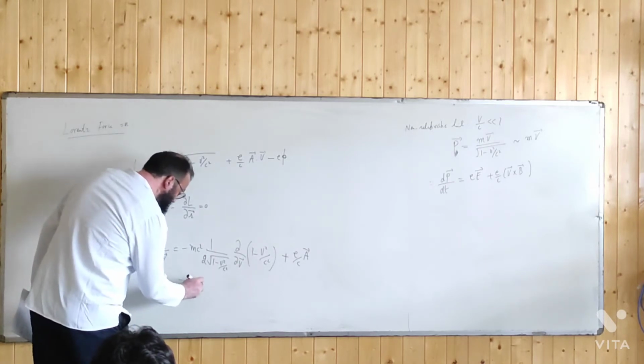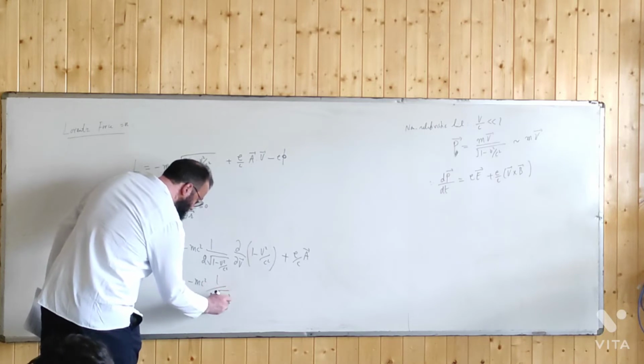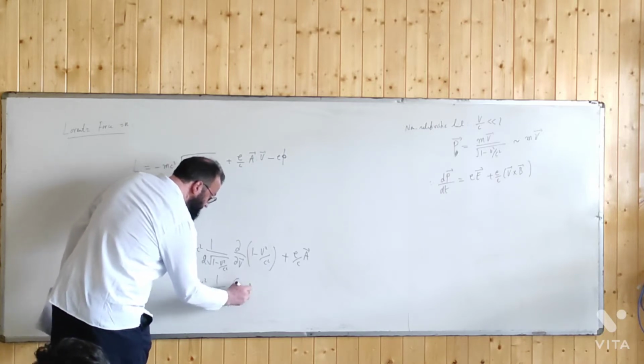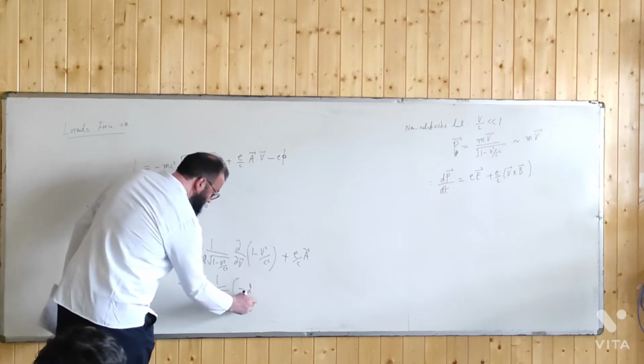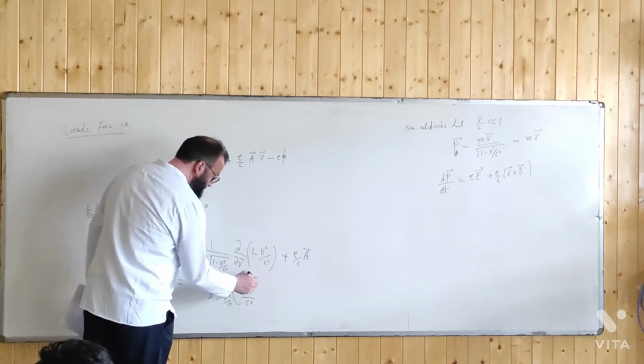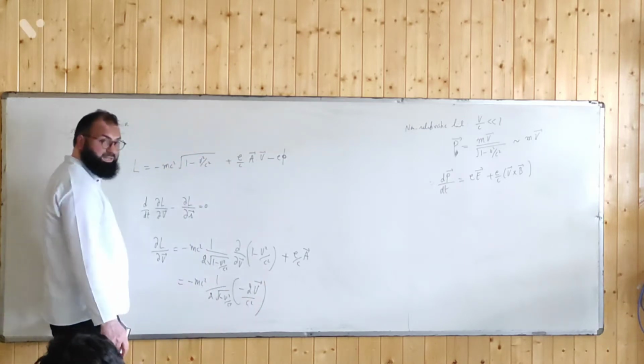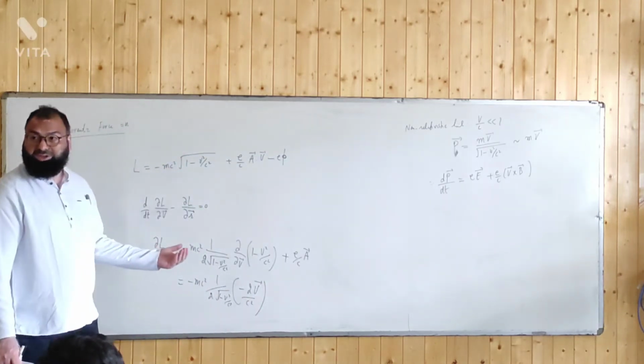So it is minus m c square times 1 by 2 root of 1 minus V square by C square, so it's minus twice, 2 by c square, what is this? It will be simply vector v, is it? Because what is v square? It's v dot v here.